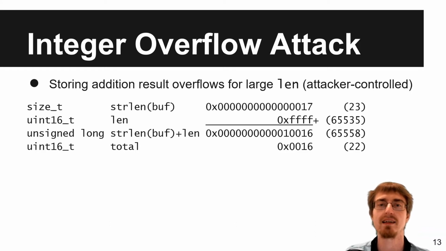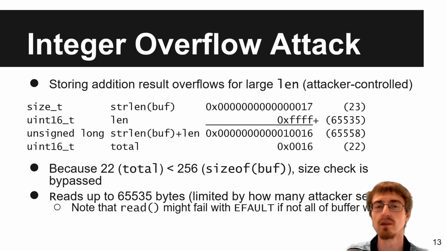If we add this to the length of the buffer, which is 23, then we get a number which is too large to fit in 16 bits, and it's truncated to just 22. Well, 22 is obviously less than the size of the buffer, size check is bypassed, and we end up reading all those bytes from the network connection. So this is only limited by how many the attacker sends in the end.